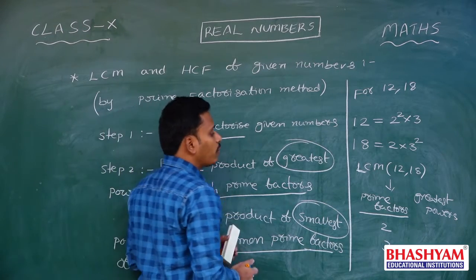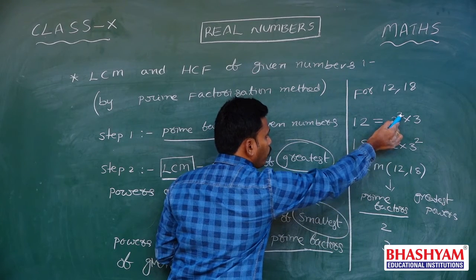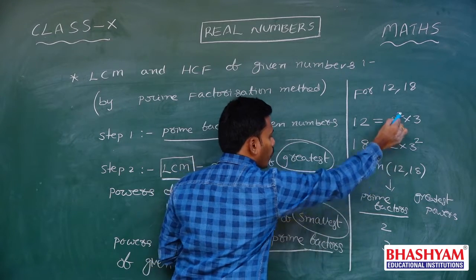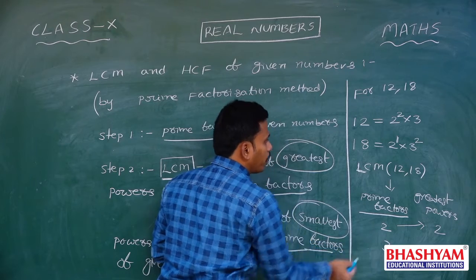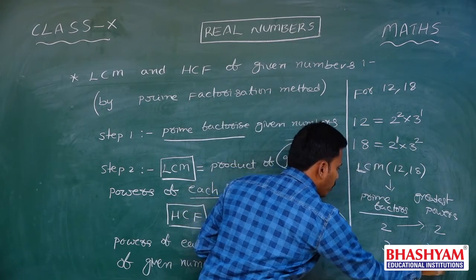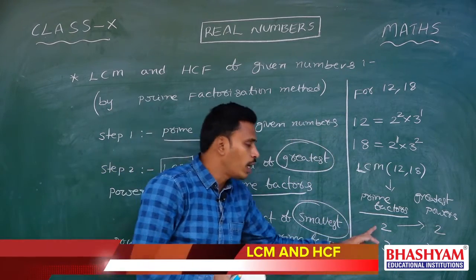What about the greatest powers? For 2, here it is power 2 and here it is power 1, so the greatest power is 2. Coming to the prime number 3, here 3 power 1, here 3 power 2, again the greatest power is 2.